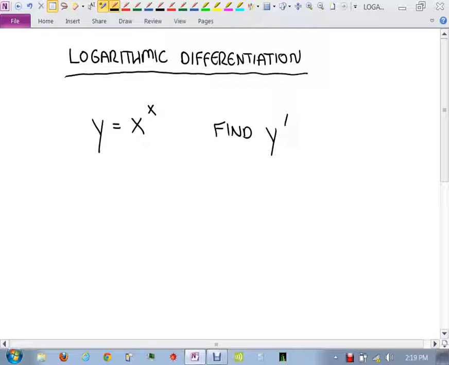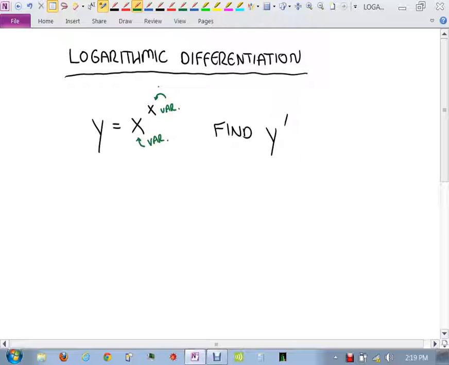But up to this point, we have no way of dealing with it if your variable appears in both the base and the exponent. Your variable appears down here, and you have a variable also up here. And that's pretty much like, what do we do?